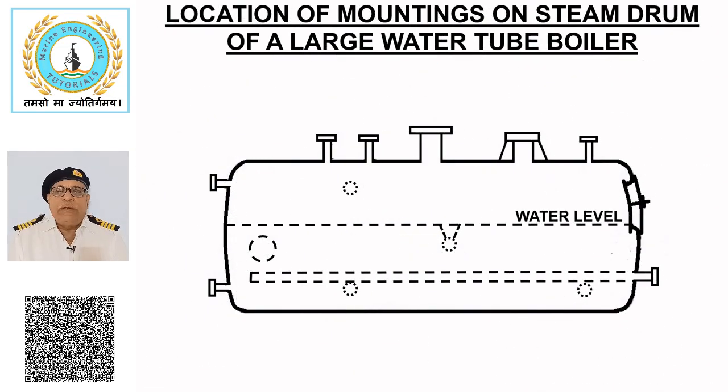Location of mountings on steam drum of a large water tube boiler. This sketch shows steam drum of a large water tube boiler equipped on a motor tanker. Purpose of different mountings seen above are briefly described here.